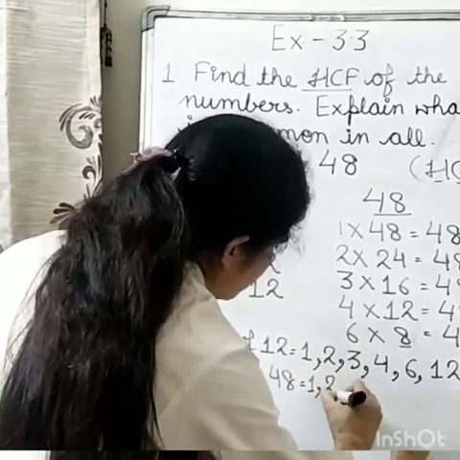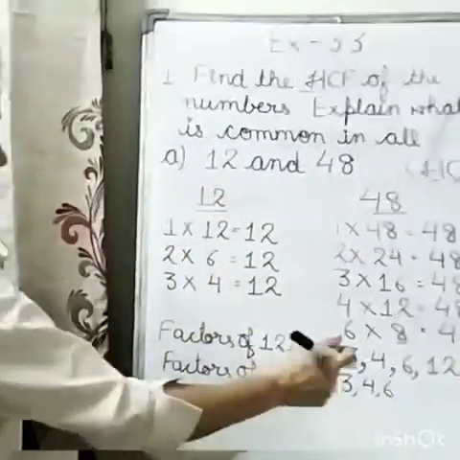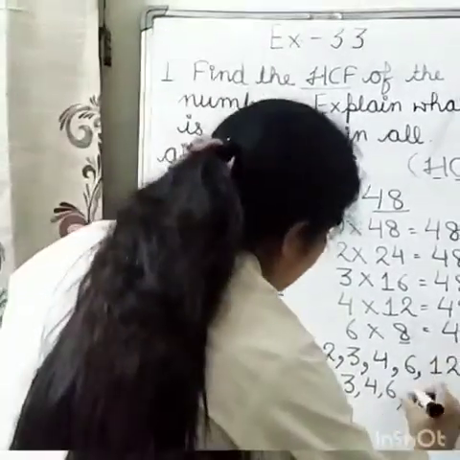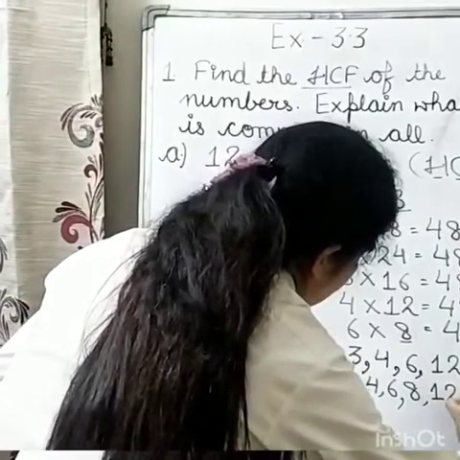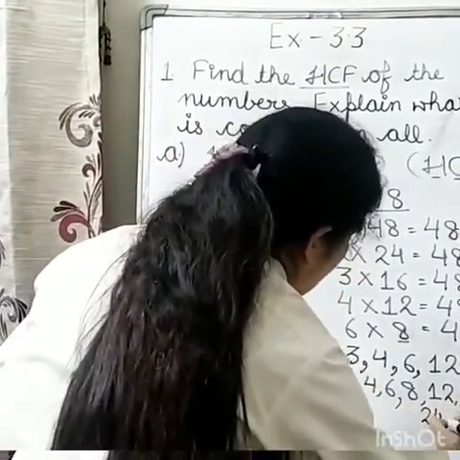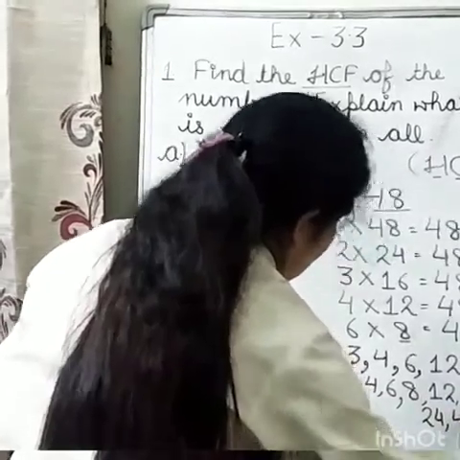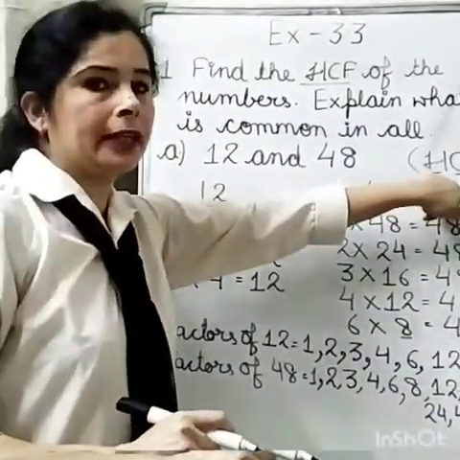Next is 8, 12, 16, 24 and 48. Fine. Now we have found all the factors.